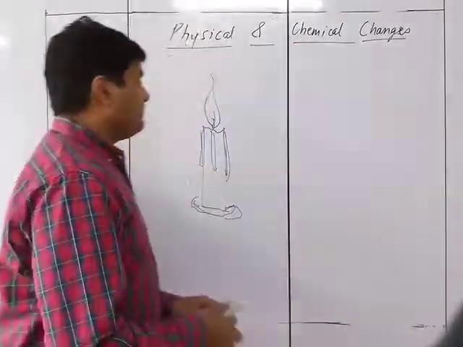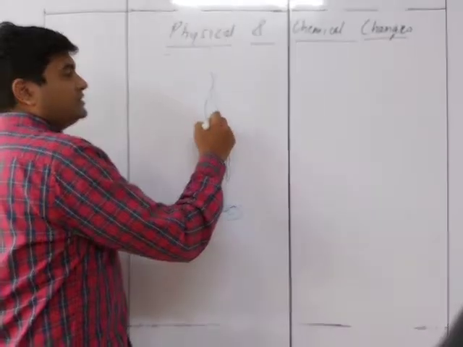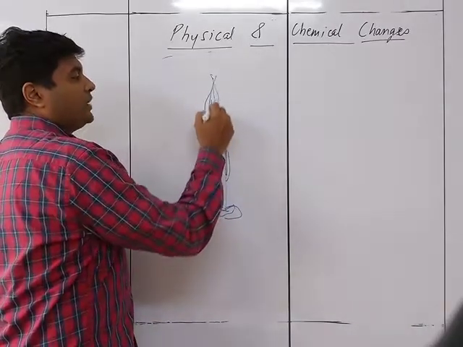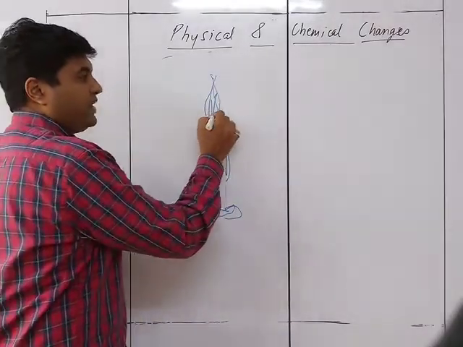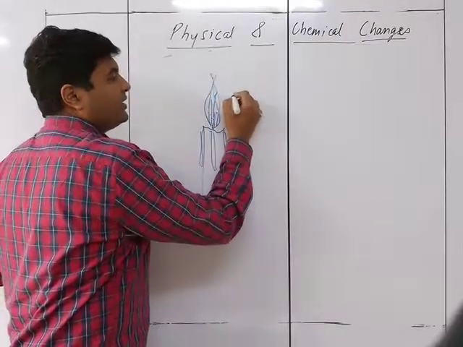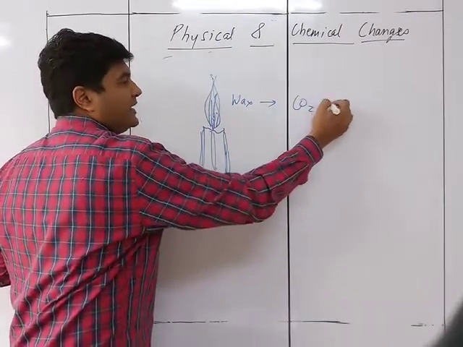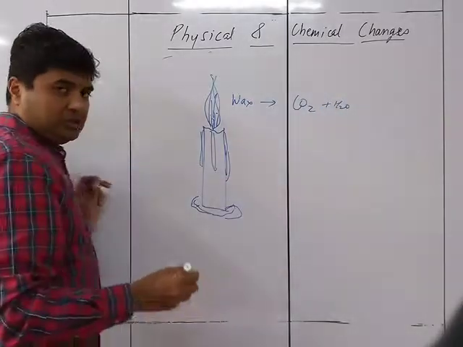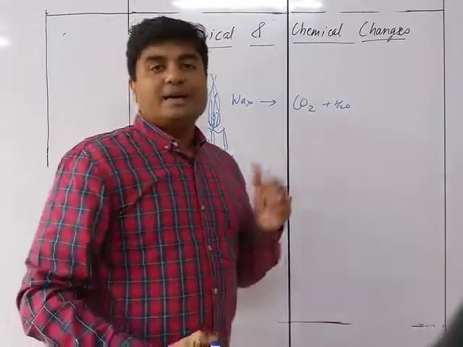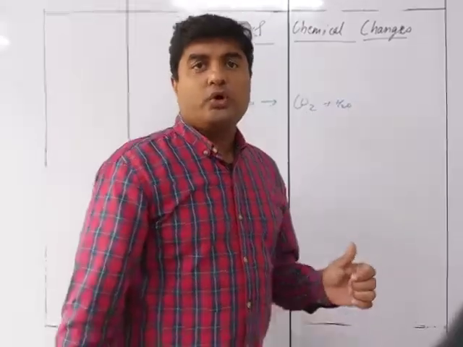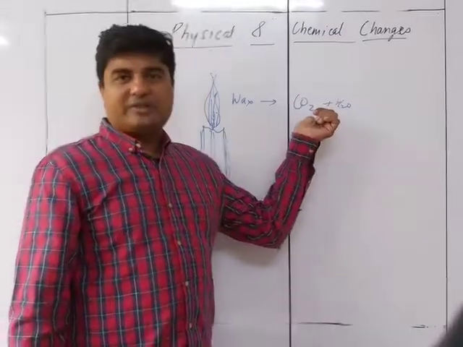So when it gets burnt off, the burning part is going to give this particular flame. So the wax is going to give me a certain amount of carbon dioxide and a certain amount of moisture. A certain part of the wax is converted into carbon dioxide and moisture.